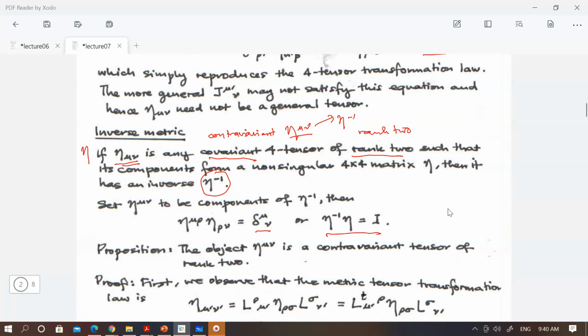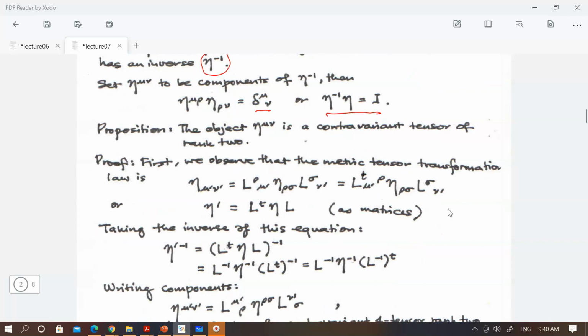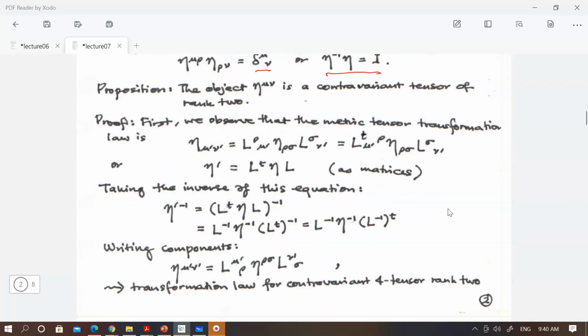And we claim, or we propose, it's a proposition really, that since eta mu nu, which is the Minkowski metric, is a covariant tensor of rank 2, then one expects this eta mu nu to be a contravariant tensor of rank 2. So all we need to do is show how it behaves under the Lorentz transformation.